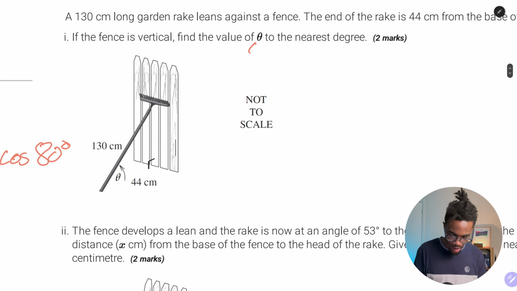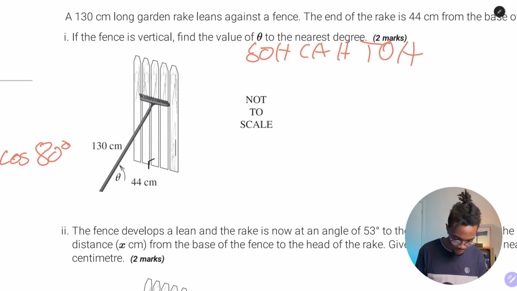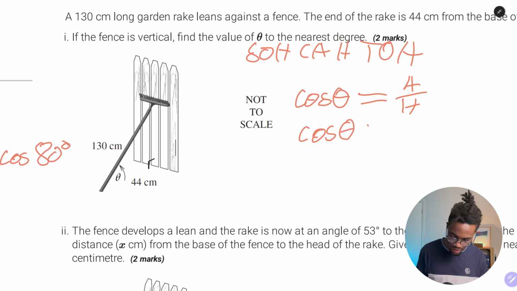Might write SOHCAHTOA at the top of the page. Recognize that cosine equals adjacent over hypotenuse. So cos theta is equal to 44 over 130.